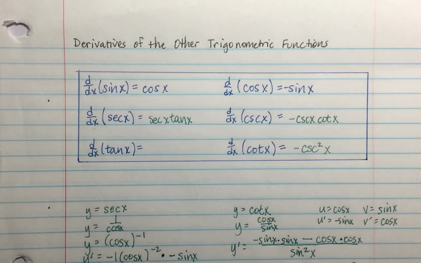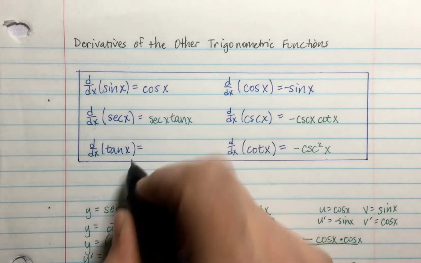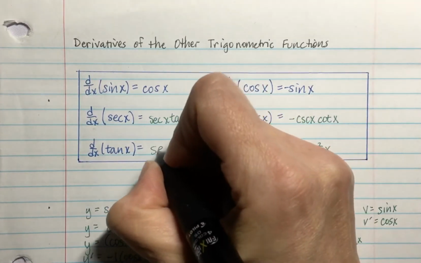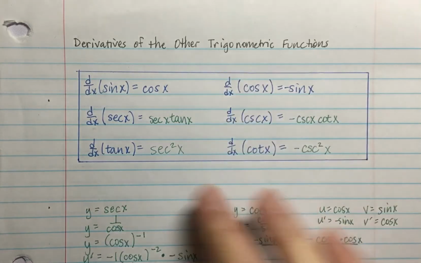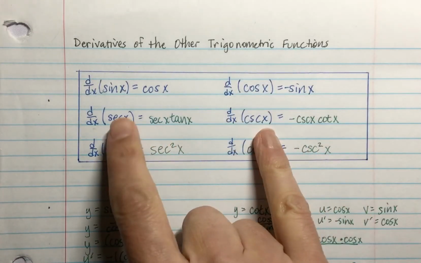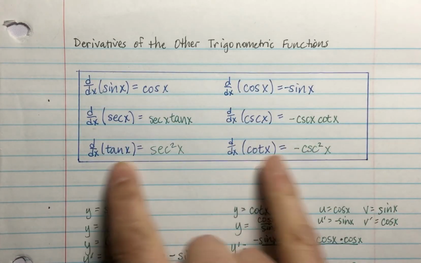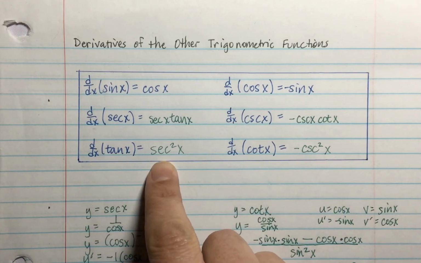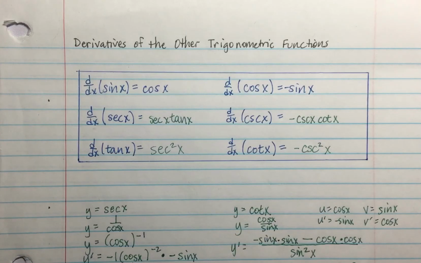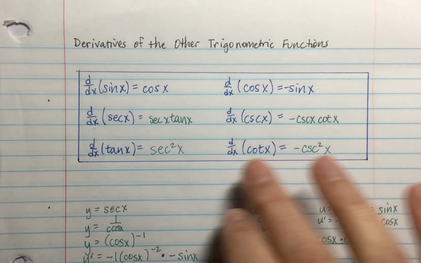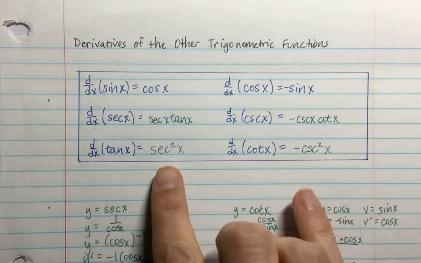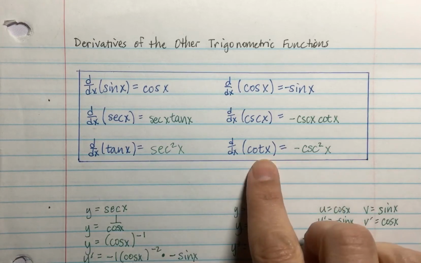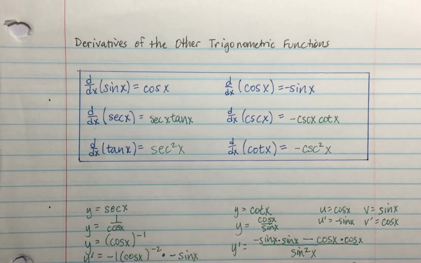And you found in the last assignment that the derivative of tangent x was secant squared x. And the same sort of memory device that we used on secant and cosecant works for tangent and cotangent. If you know the derivative of tangent x being secant squared x, which you can go through the proof like what we just did, then for the derivative of cotangent, just throw a negative and a co in front of your derivative for tangent.